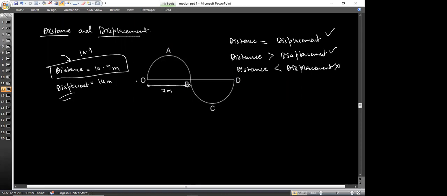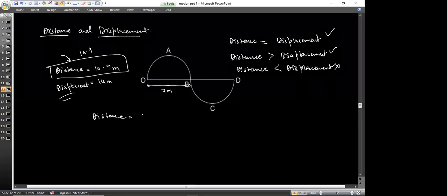Why? Yes, sir. I just took one circle, but the person who was traveling covered two, so 10.9 plus 10.9, so it's 21.8 meter. Okay, let me check. So you think that this is a half circle and this is a half circle. So the distance covered by him is simply the circumference of a circle.